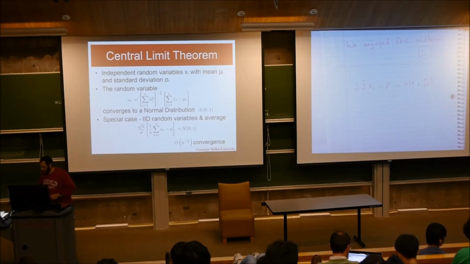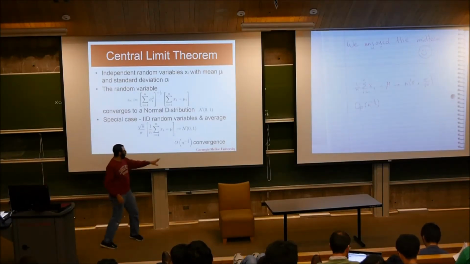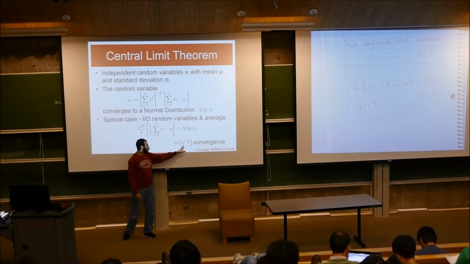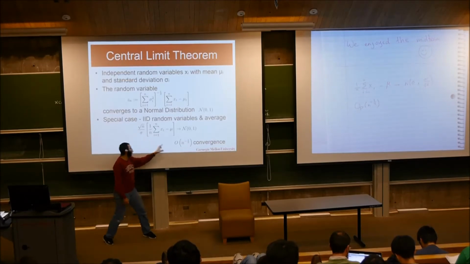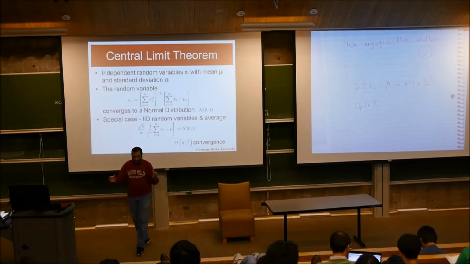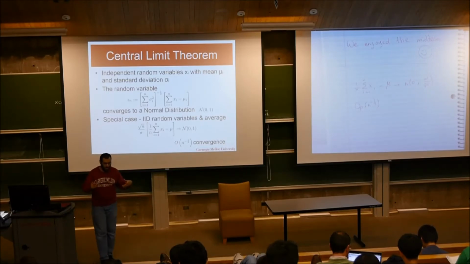The statisticians like to write it as O_P n to the power minus half. It's called this way because when you multiply by root n, you still get a distribution that can be bounded, in the sense that you can say, give me a probability, and I will give you some value that you won't exceed with this probability.